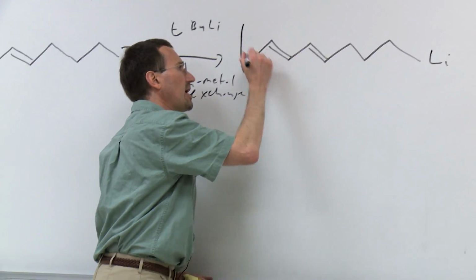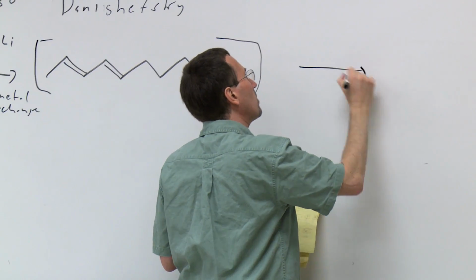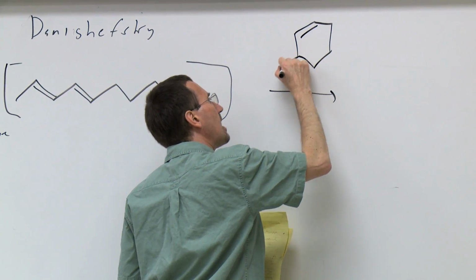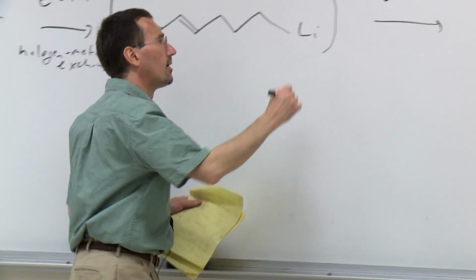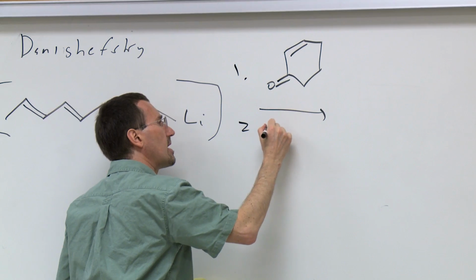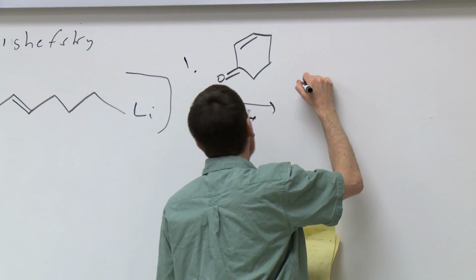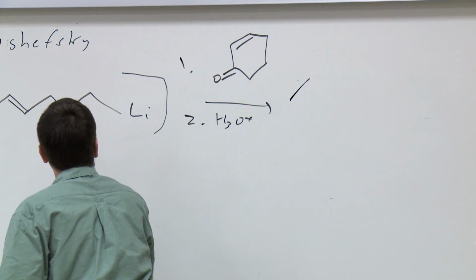You don't isolate it, you generate it in situ. Here's where the really clever part of their strategy comes in. They go ahead and they add it into cyclohexanone, and they carry out an aqueous workup. And the overall result is, as you would expect, a 1,2 addition.